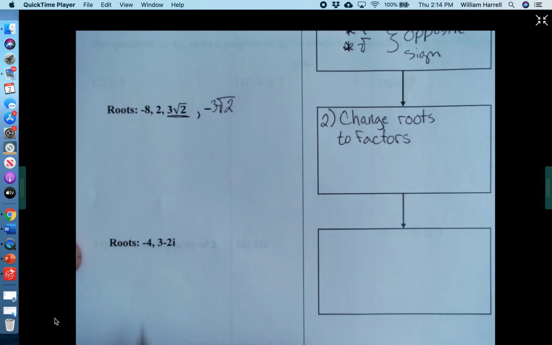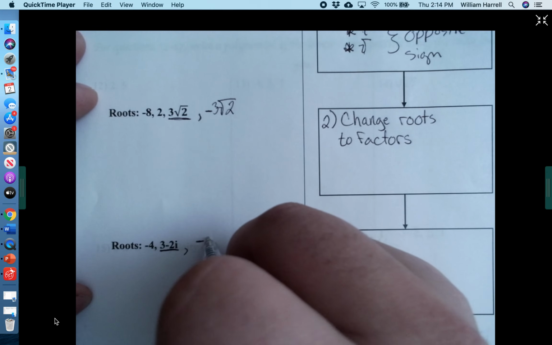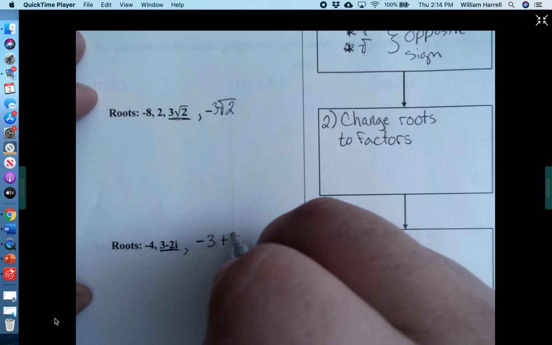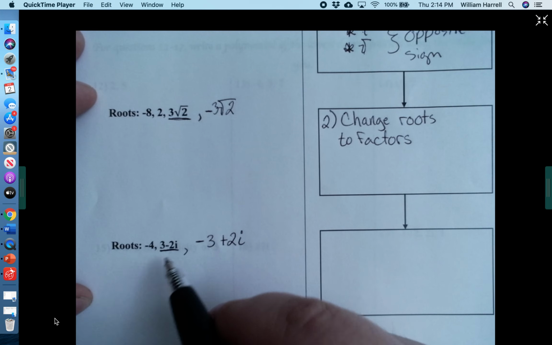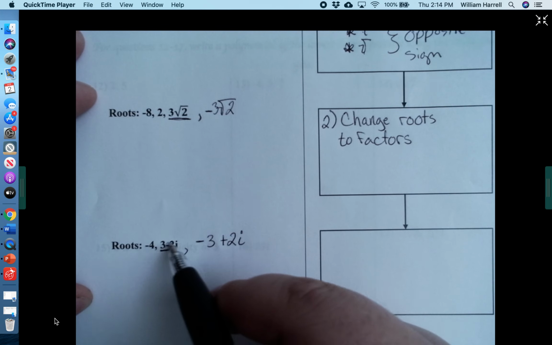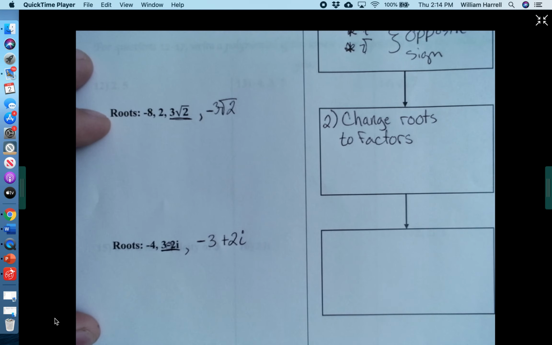This term right here, or this root, has an i in it, so I must take the sign opposite of what I have. Now, what I'm doing right here is wrong. The reason it's wrong is I only need to take the sign opposite that's in front of the number attached to i, or the addition or subtraction that's in front of the i.